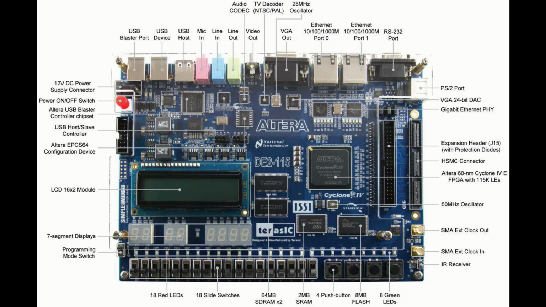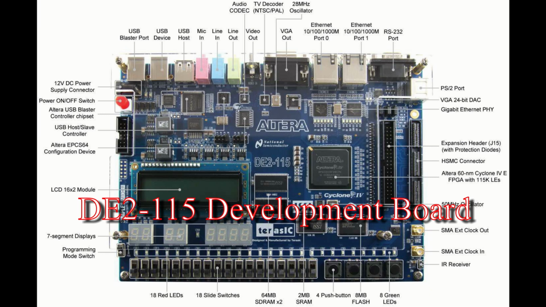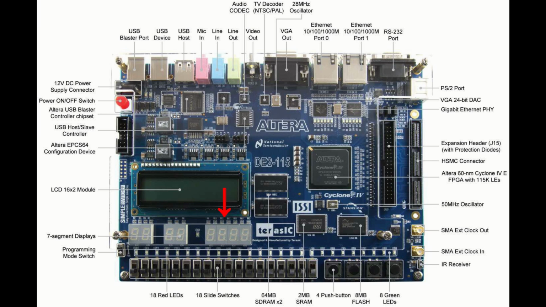Okay, by the way, on this board, as you can see here, the FPGA is only this black square here. The whole board is called the DE2-115 development board or education board. We often call it the FPGA board, but really the FPGA is just that small piece. And down here you can see the hex displays, which can be driven by the hex driver.